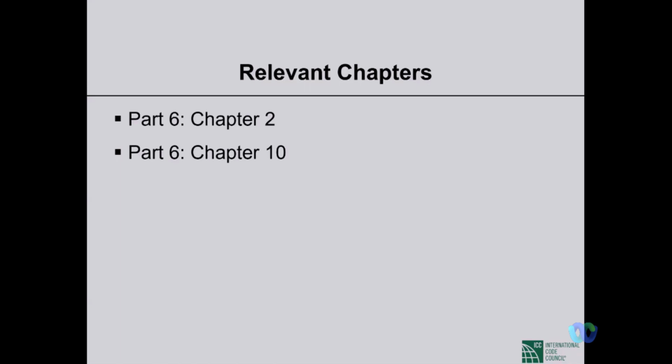Now, the chapter on steel structure is chapter 10 of part 6 of BNBC 2020. Actually, in the previous version of BNBC, in BNBC 2006, steel structure was also in chapter 10 of part 6.